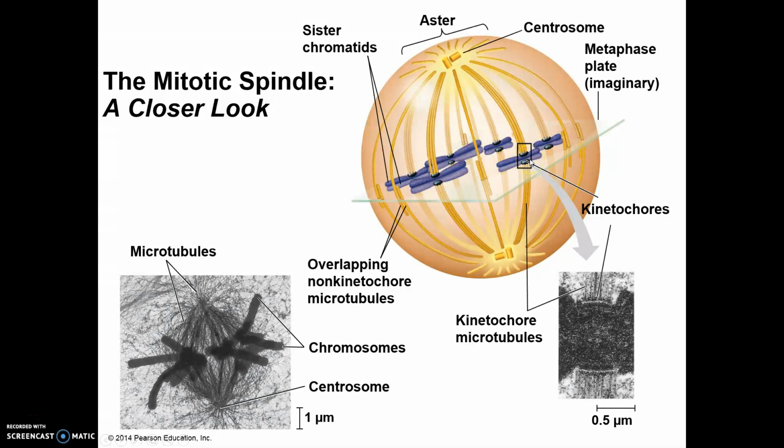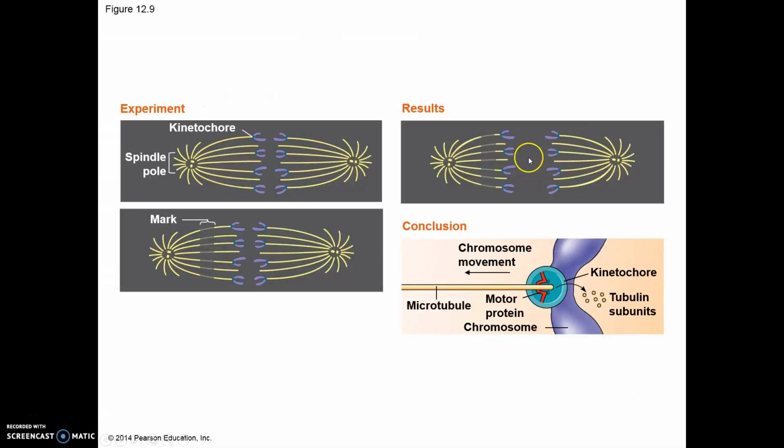Now, in terms of when we get to anaphase and start talking about how we break this apart, what is actually happening is you have the microtubule attached to the kinetochore, which is the attachment point to the chromosome, and you have these motor proteins that are essentially walking in this direction.